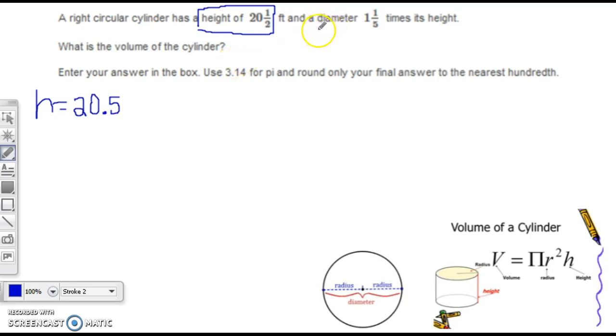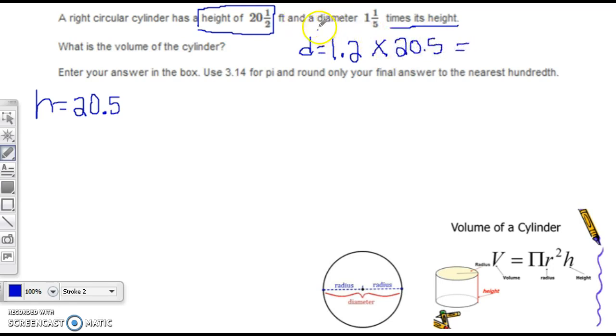It says the diameter is 1 1/5 times its height. So the diameter is 1 1/5. I'm going to change that 1/5 into a decimal. So I'm going to do 1 divided by 5, and that's 0.2. So the diameter is 1.2 times the height, which is 20.5.